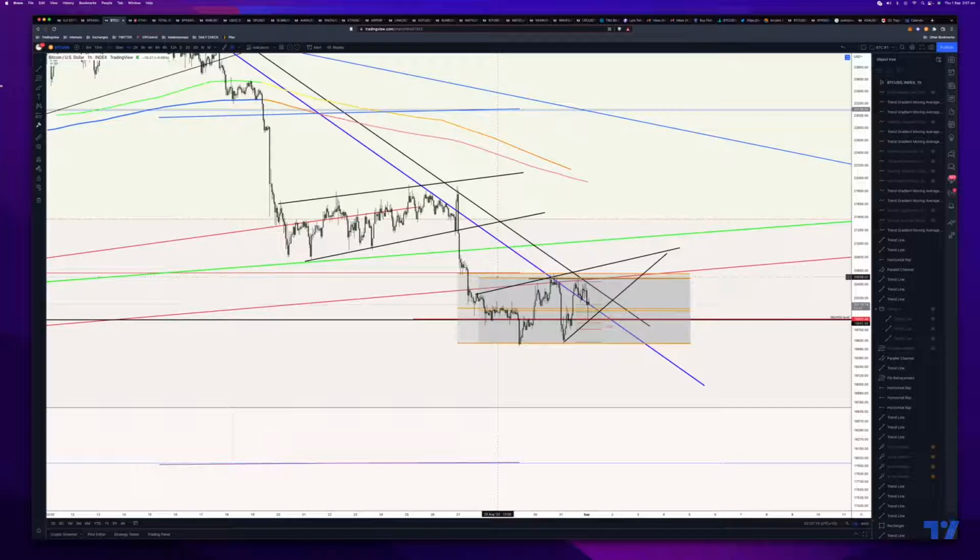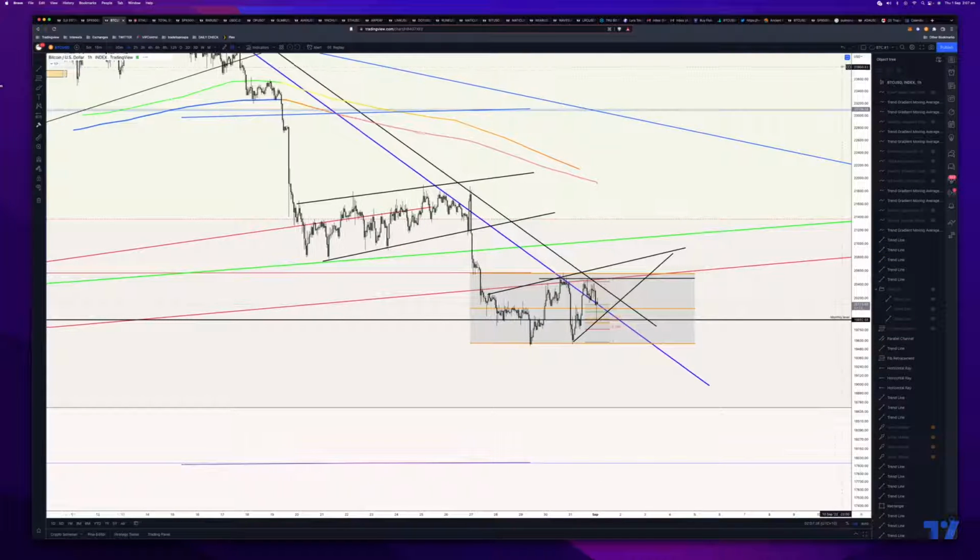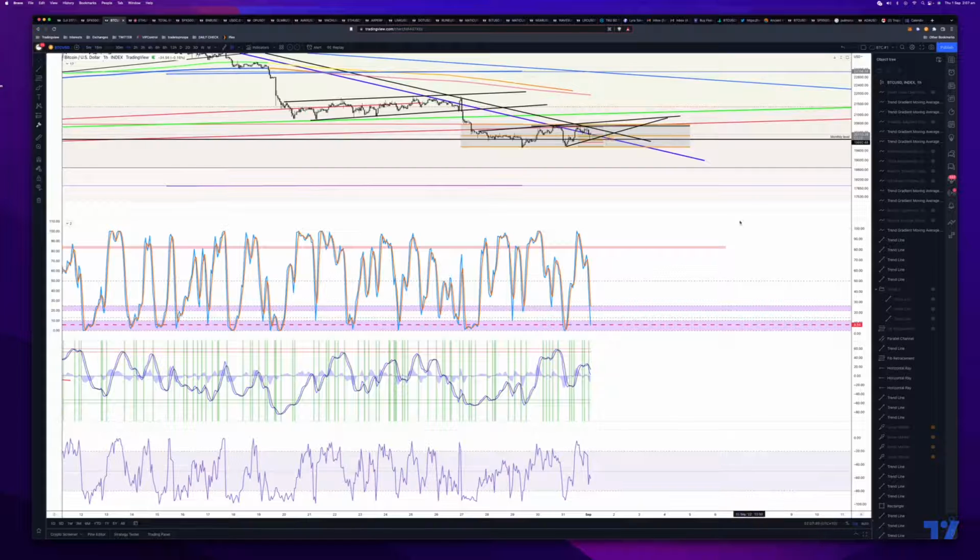Okay, here we go. So it was a 1 hour that I missed out on. So if I can get rid of that, that was it there. That was my lines. And the monthly's there. There we go. So that was on the 1 hour chart. If we look on the indicators, downward pressure on the 1 hour.